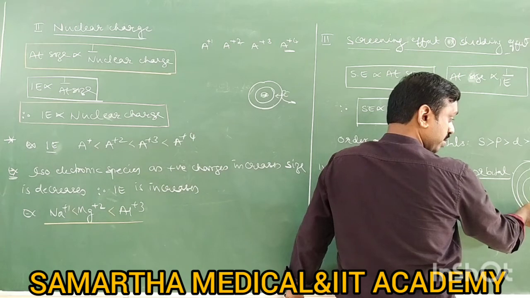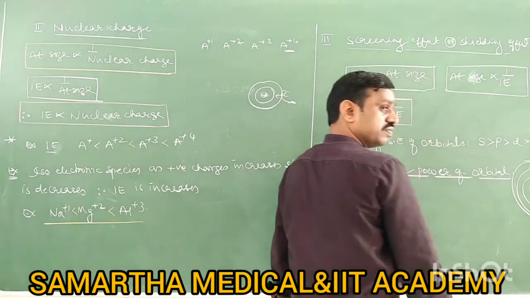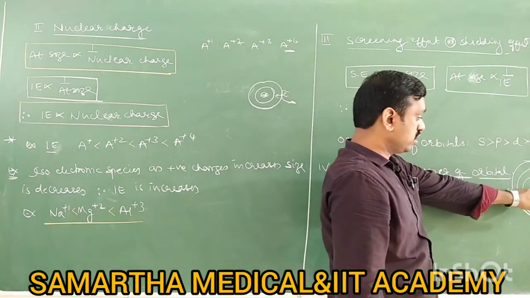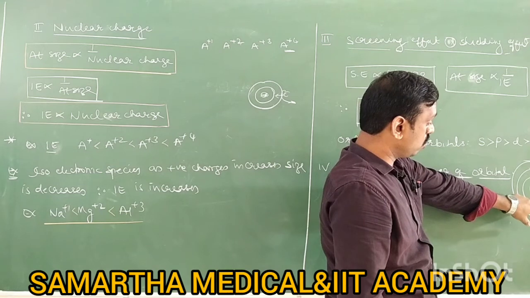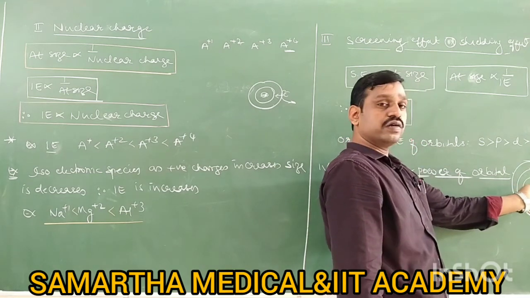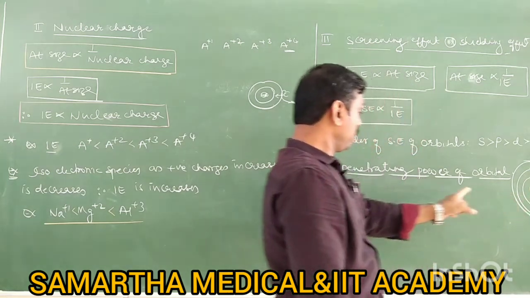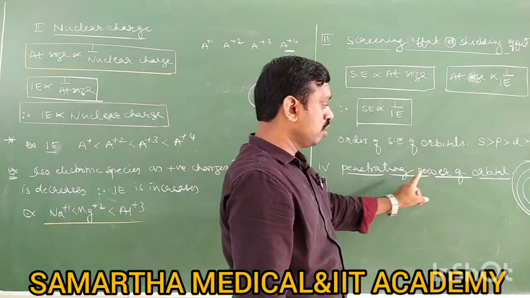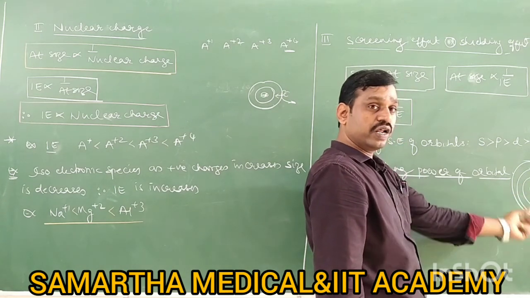If any electron is present very close to the nucleus, the removal of the electron becomes very difficult, because the nucleus strongly holds it. So more penetrating effect means more ionization enthalpy, more energy required.